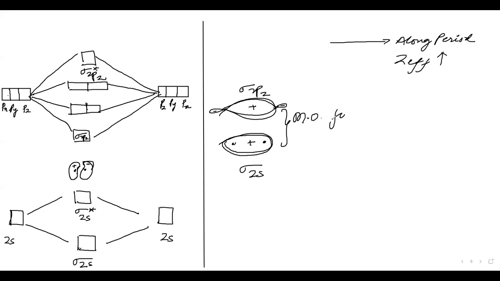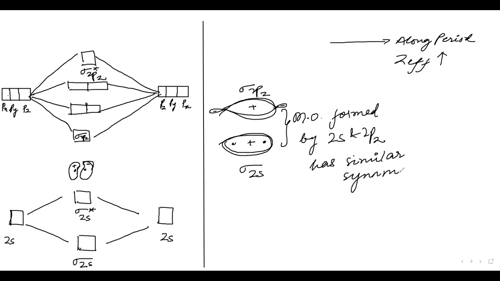This MO is formed by 2s. This is formed by 2pz, which has similar symmetry. You see, both of them are in the same phase.